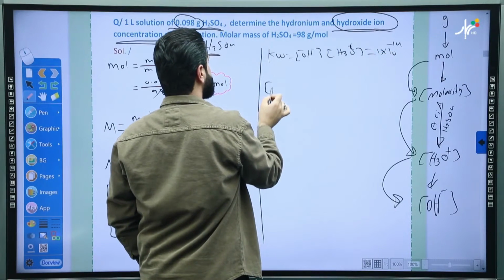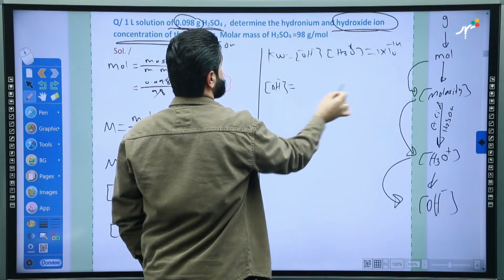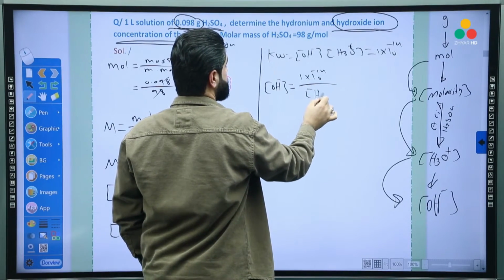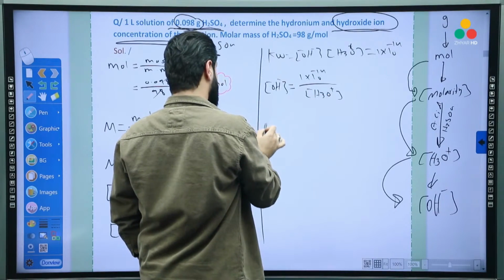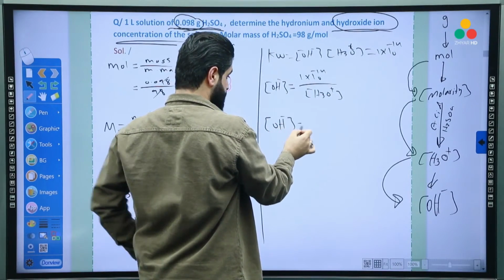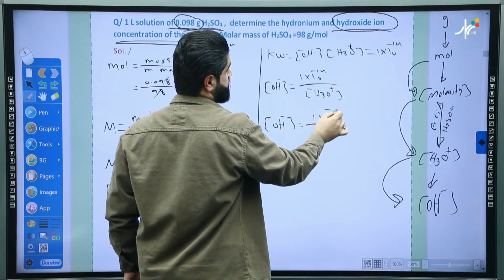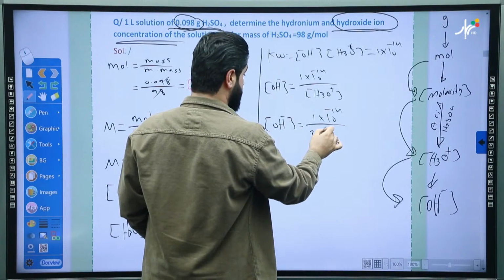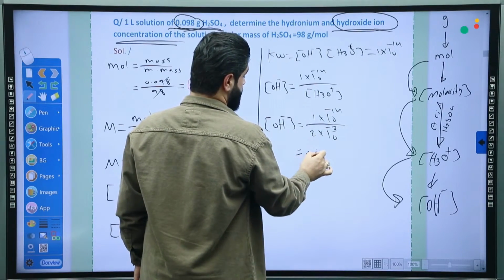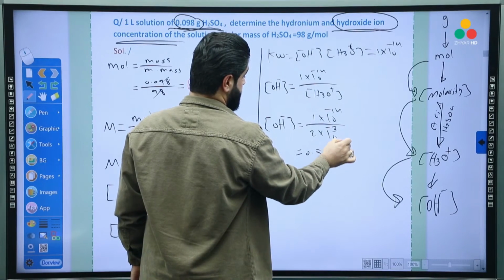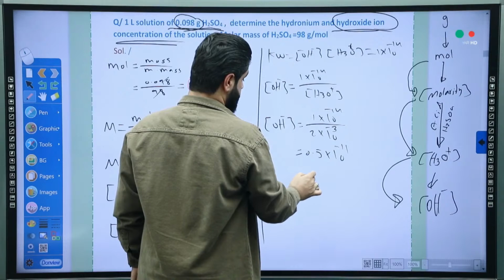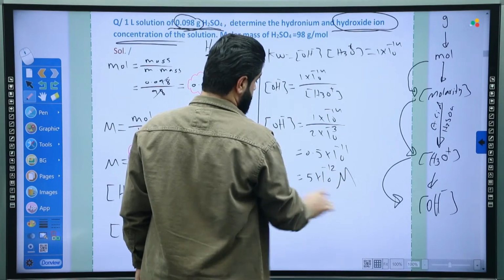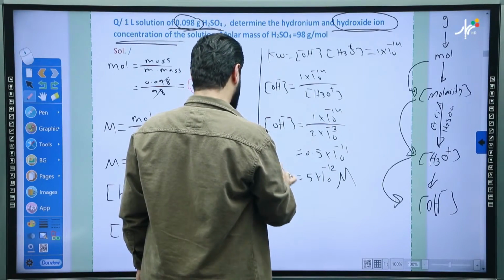So OH equals 1 times 10 to the negative 14 divided by H3O, which is 2 times 10 to the negative 3. That equals 0.5 times 10 to the negative 11, which is 5 times 10 to the negative 12 molar. Of course, it's OH.